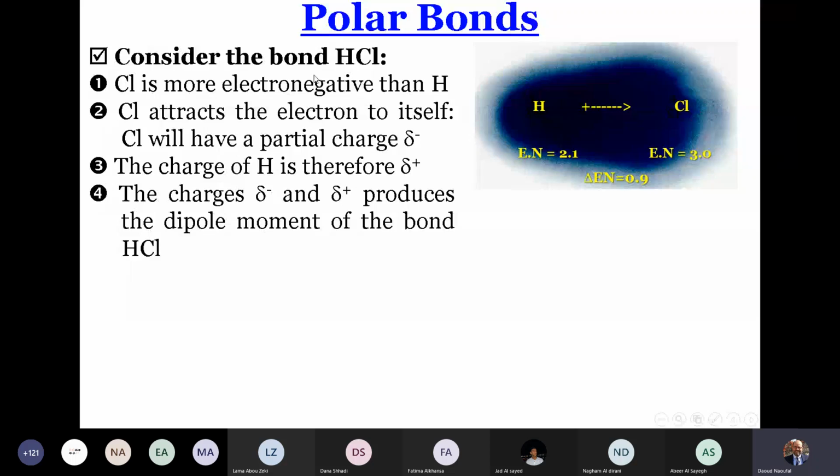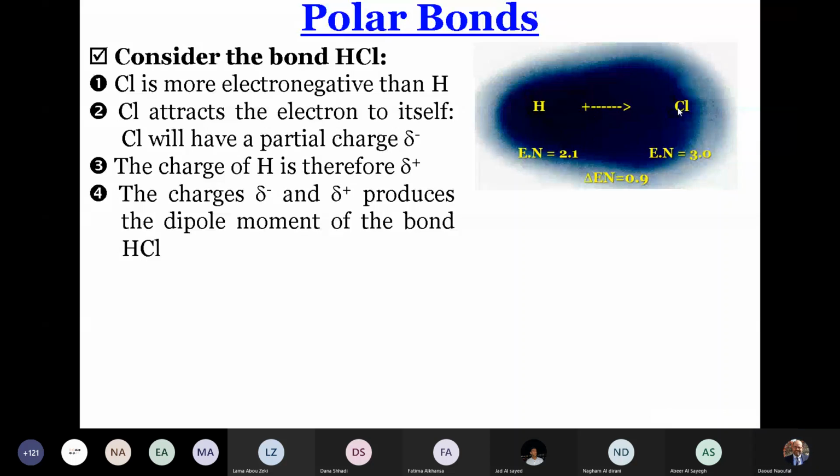I return to the bond HCl. Cl is more electronegative than hydrogen. What is the meaning of Cl more electronegative than hydrogen? First of all, the hydrogen has 1 valence electron and Cl has 7.